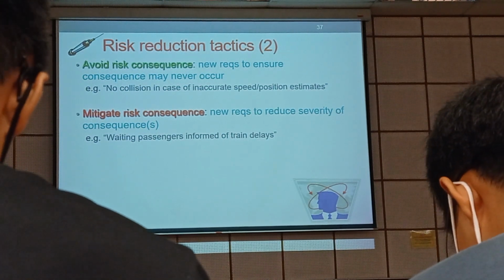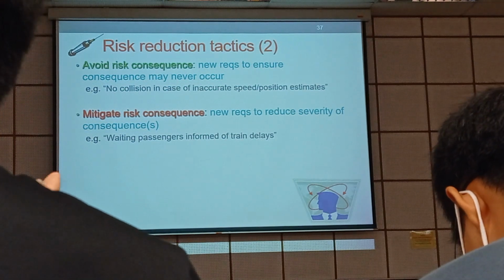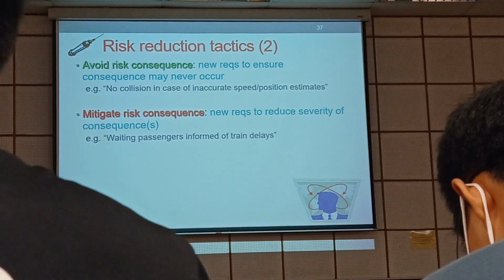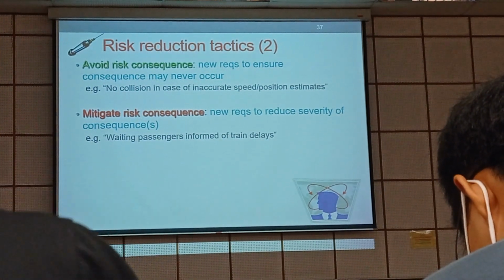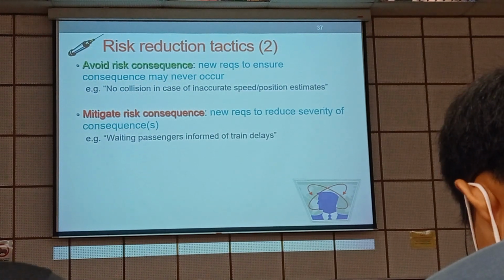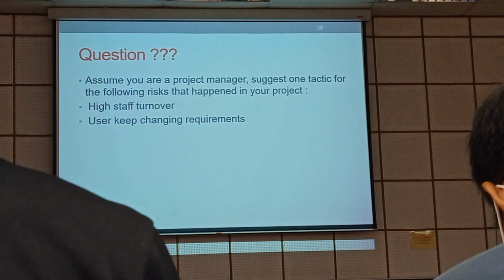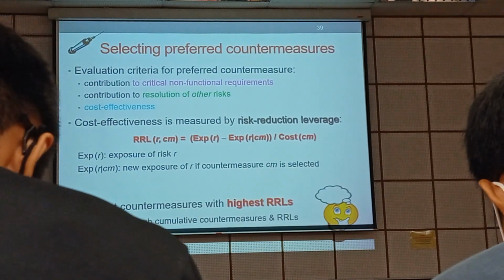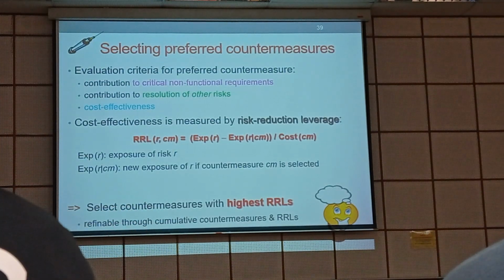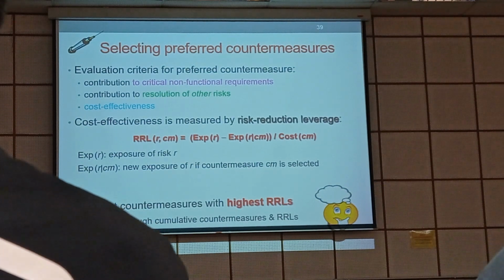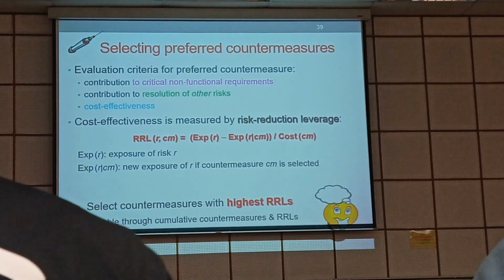So these are the different tactics. You can adopt any one of the tactics. Of course, we don't go for all. We just choose one best tactic for our risk. So now let's go through the formula quickly. Even now, I can show you the example.